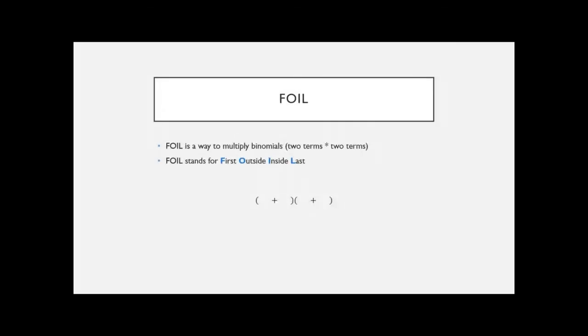The way I keep track of FOIL is, when we talk about the first, and I'll try to color code these, so I'll make that blue, we mean the first term out of each set of parentheses. So the first thing in the first parentheses times the first thing in the second parentheses.